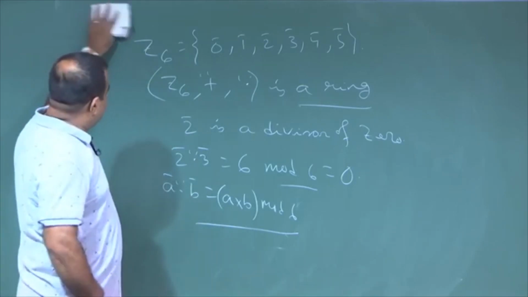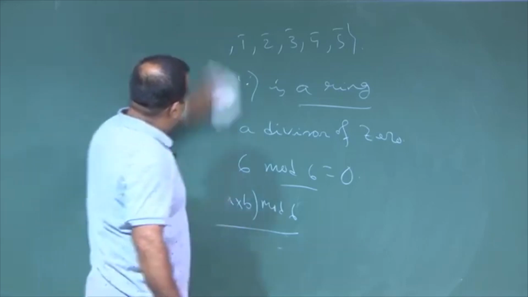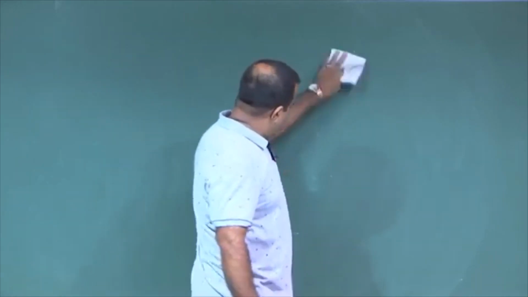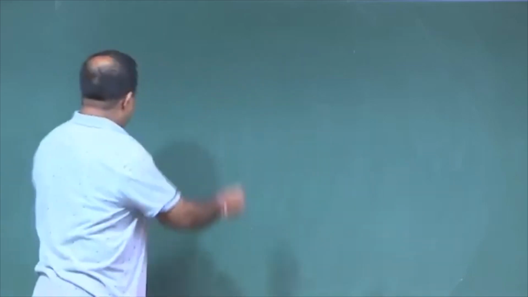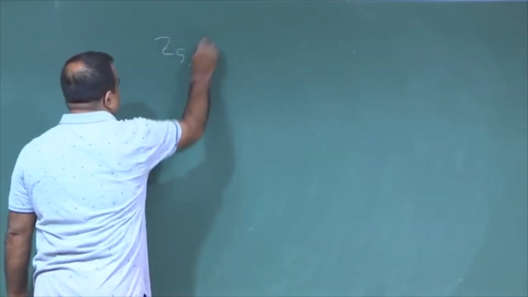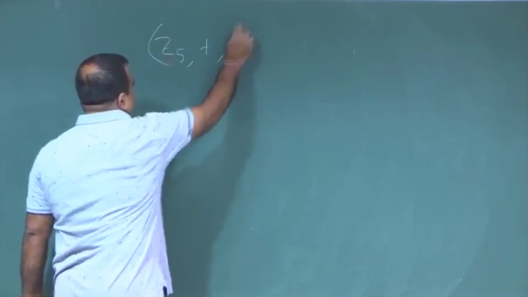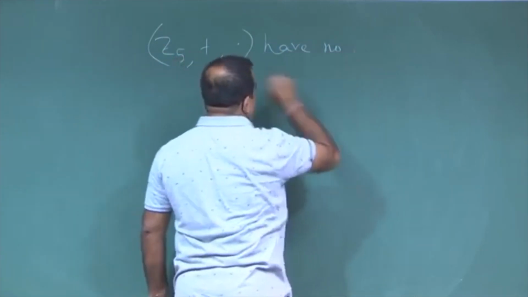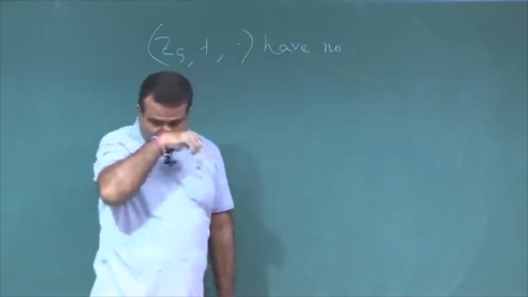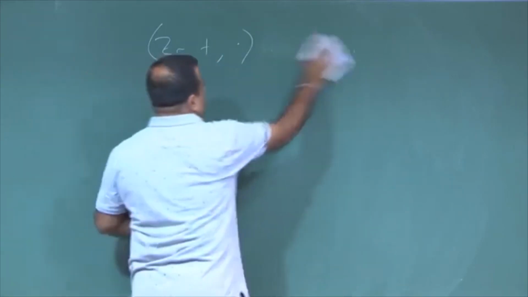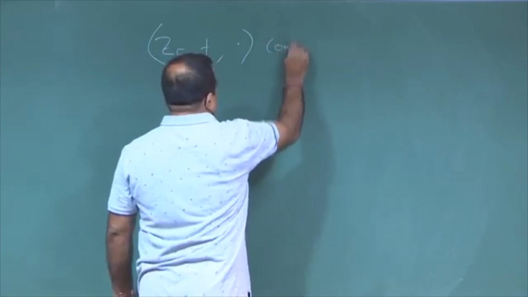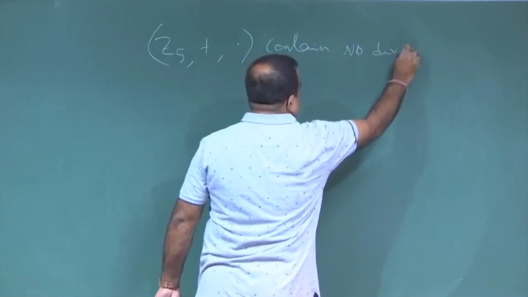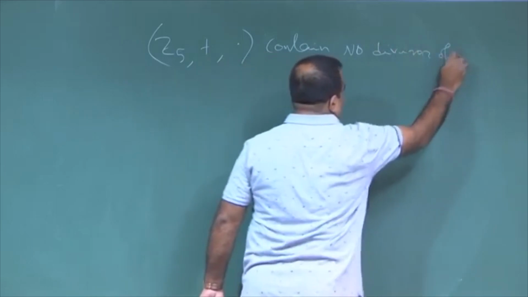Now, if we take Z5, then it has no divisor of 0. Z5 contains no divisor of 0.